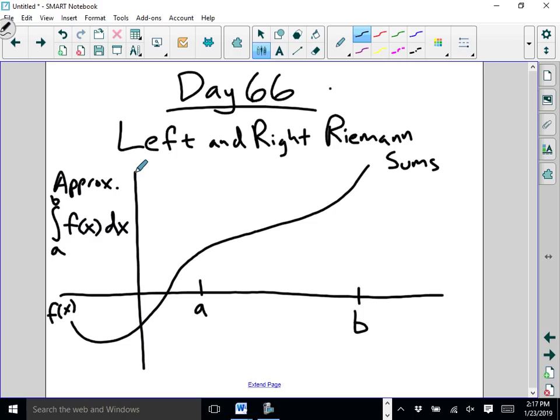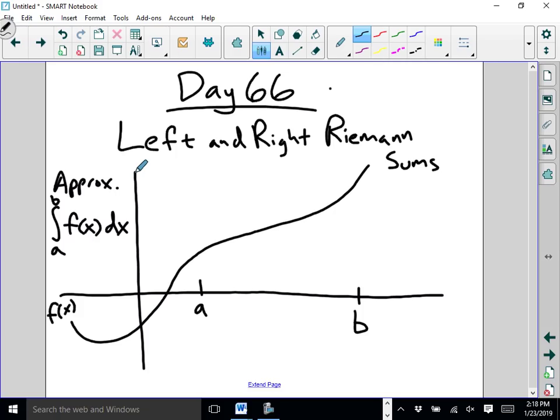Now when we're starting to learn these left and right Riemann sums, I don't want you to get bogged down in the fact that, hey, this isn't the best way to guess the area under the curve. Because when we do this early on, our answers aren't going to be very good, to be honest. But that's okay. It's a learning opportunity, and it's going to help us develop how we can actually calculate the exact area under the curve.